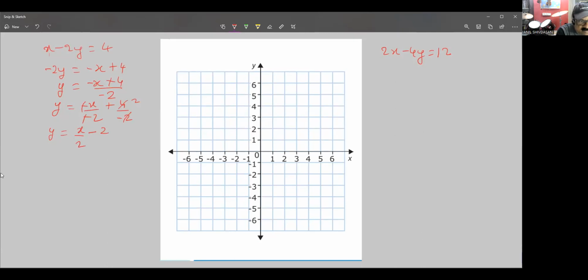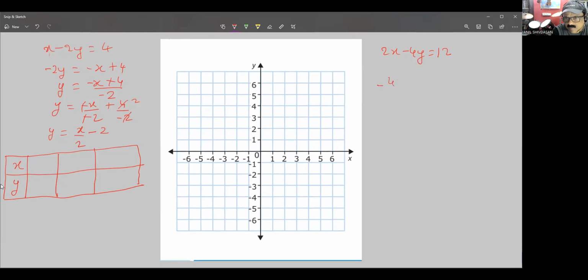So what we do is prepare the table now. x is the first coordinate and y is the other coordinate. We will find maybe three points, 1, 2, and 3. Then coming to this side, what you get is 2x minus 4y.